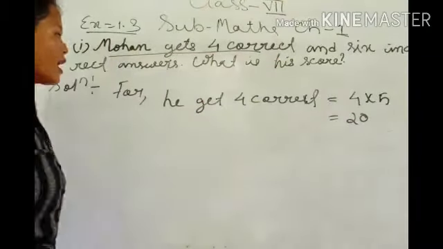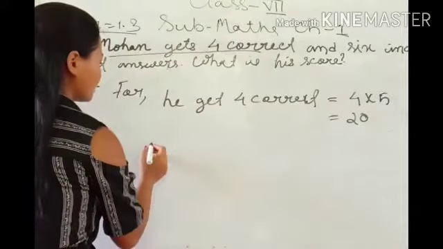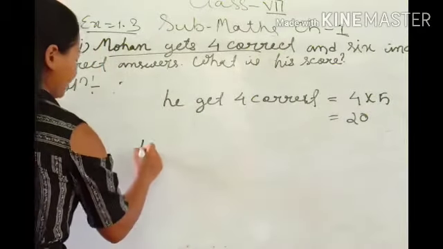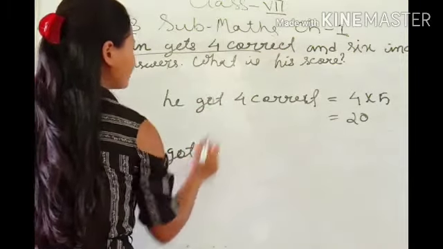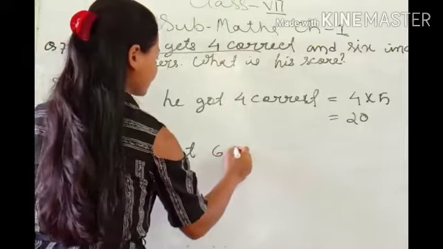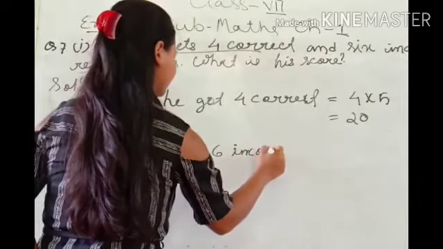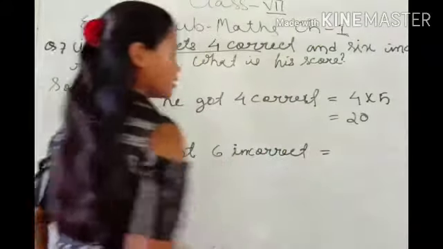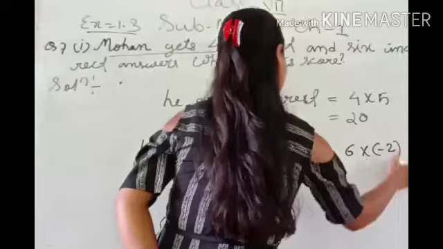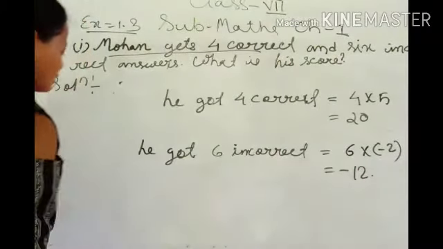So for correct answers, Mohan got 20 marks. Now we can write he got 6 incorrect answers. So for incorrect answers, 6 into -2, it becomes -12 marks.